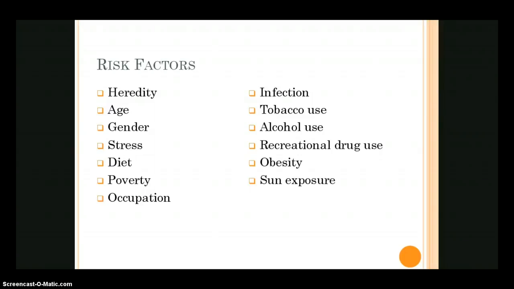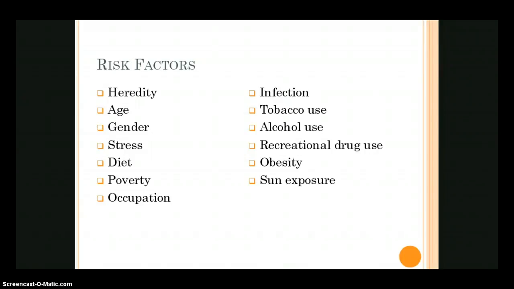We know that different types of cancer are more common in different genders. We also know that poverty results in inadequate access to health care and a reduction in preventative screening. We also see diet and stress levels that are not all that preventative. So we'll see a diet that may go more along with the development of cancer.